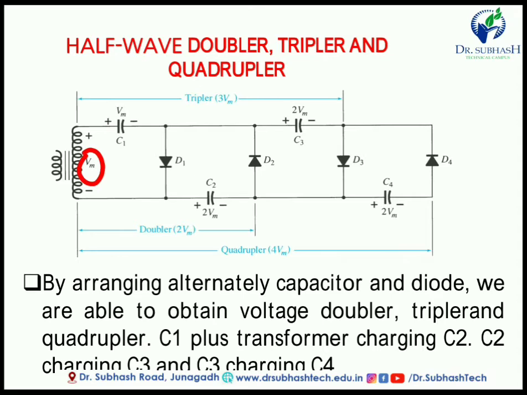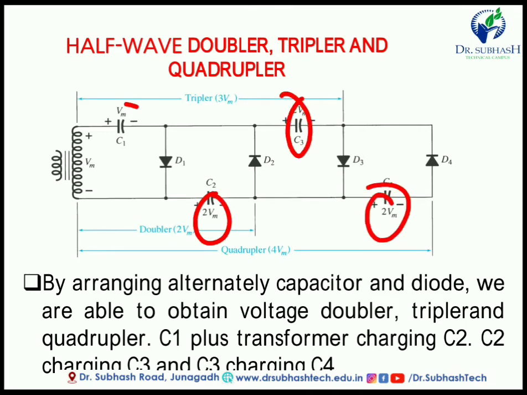Now step by step, if we increase the number of capacitors and diodes, then we increase our output voltage according to our requirement. By arranging capacitors and diodes alternately, we are able to obtain the voltage doubler, tripler, quadrupler. The transformer charges C1, then C2, C3, C4, meaning the charging of the capacitors is increased.